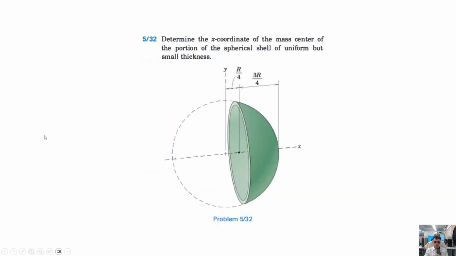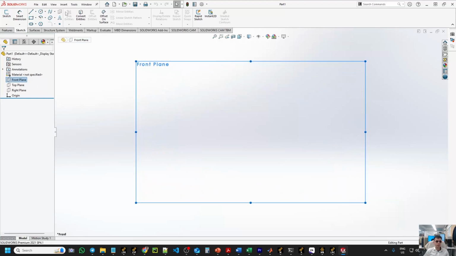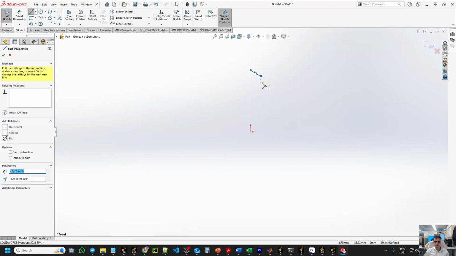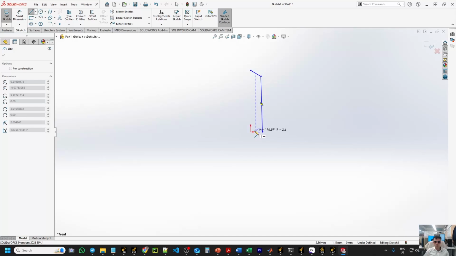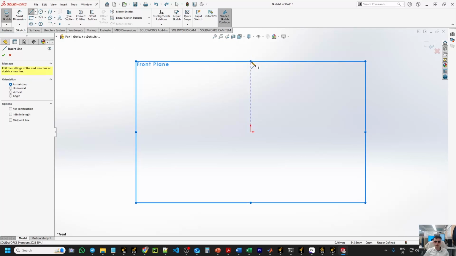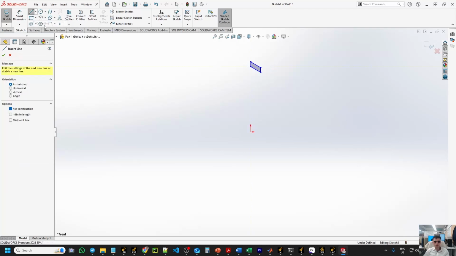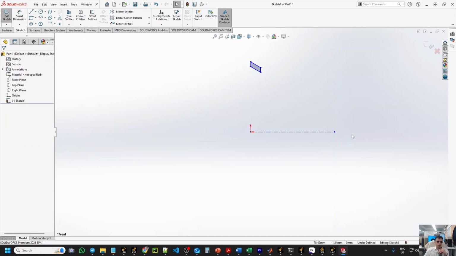If you didn't understand this part, I will show you something now. I want to show you how this angle works.